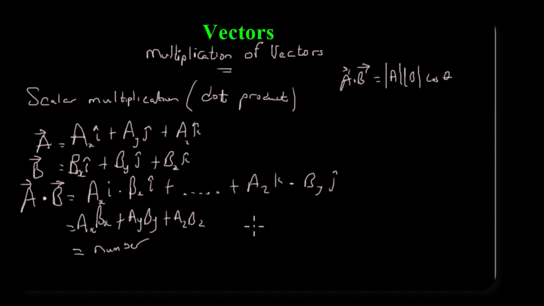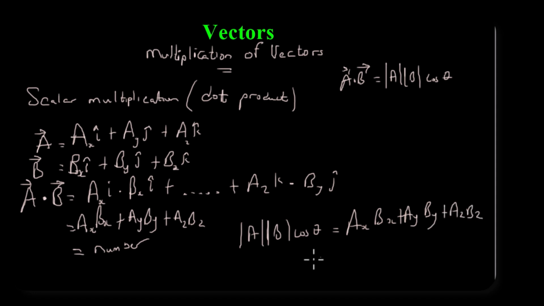So we can say magnitude A times magnitude B cos theta must be equal to AX BX plus AY BY plus AZ BZ.